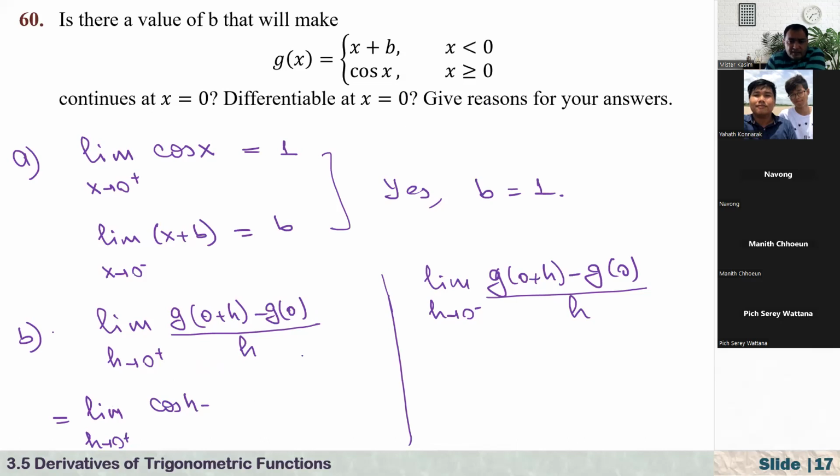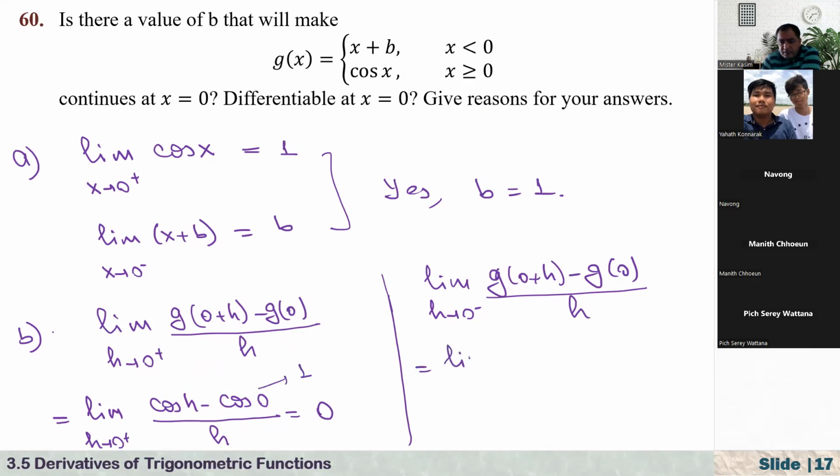At 0, that's equal to cosine of 0, over h. Cosine of 0 is equal to 1, and cosine of h minus 1 over h, when h approaches 0, from right or from left, is equal to 0. At the beginning of this lesson, we proved this, because cosine of 0 is equal to 1.